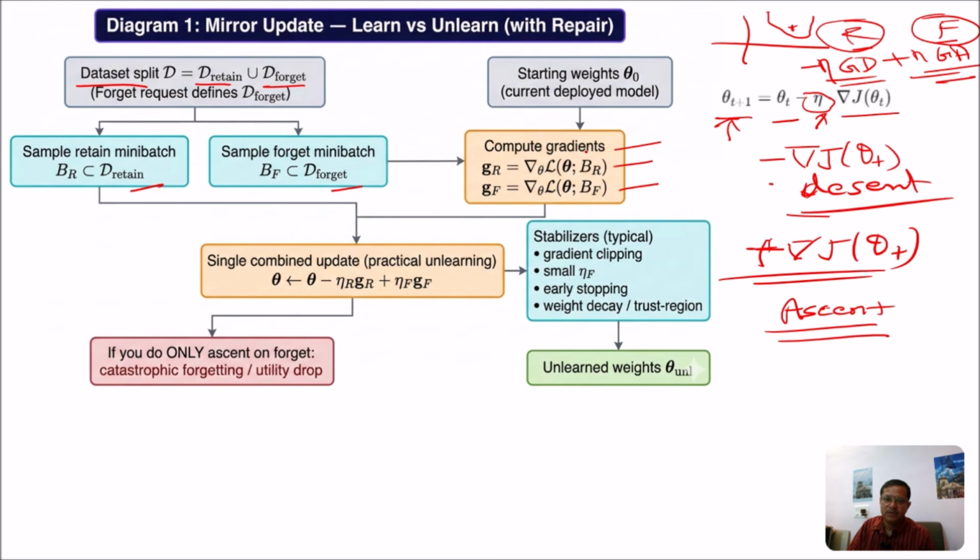Once we compute the gradients, we can apply them as a combined update equation for practical unlearning. It will be like theta minus the gradient descent part, plus the gradient ascent part. The descent part is for retaining and the ascent part is for forgetting.